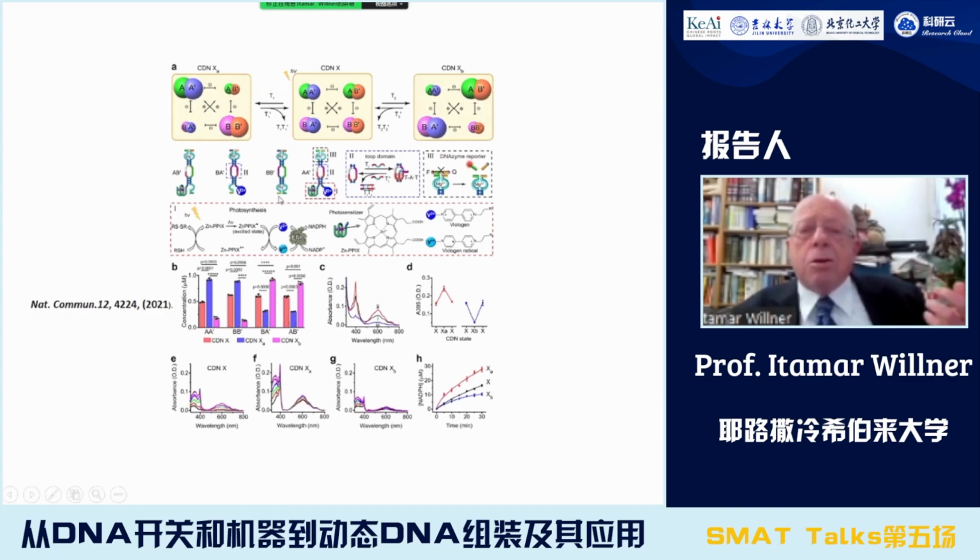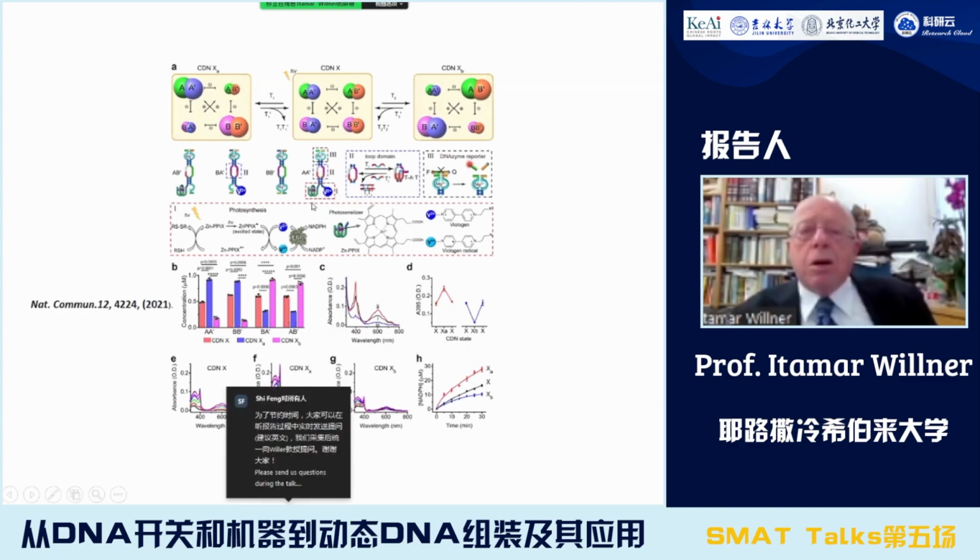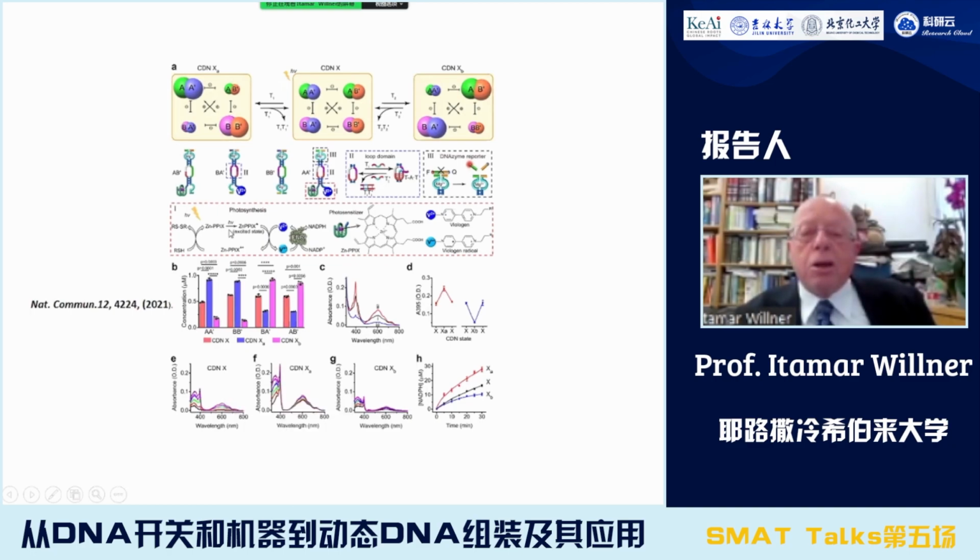Again, what we did here, we had a network where one of the constituents, this A prime, is functionalized with a zinc protoporphyrin G-quadruplex photosensitizer, and the other component with a bipyridinium electron acceptor, the V2+.